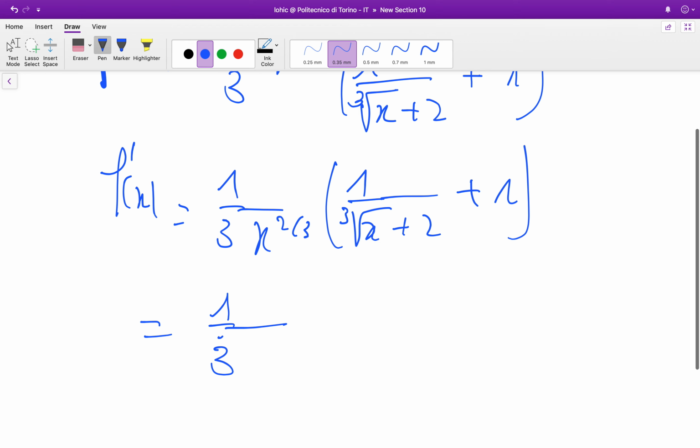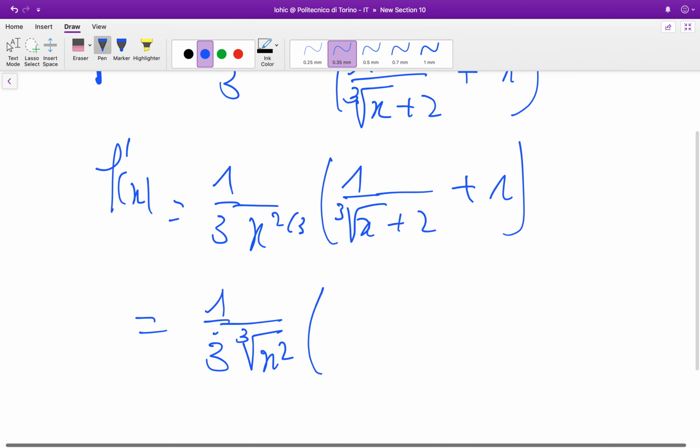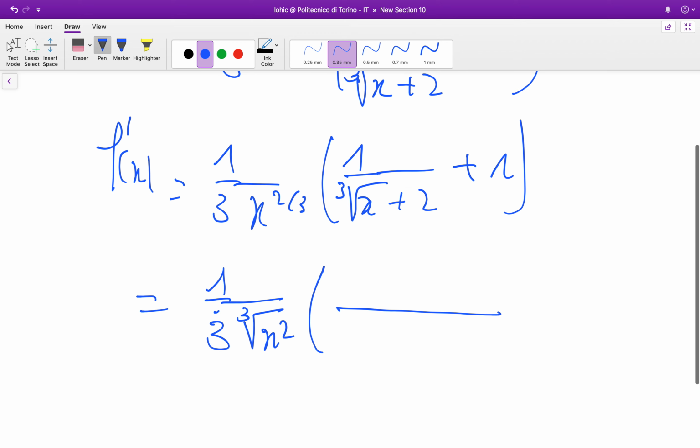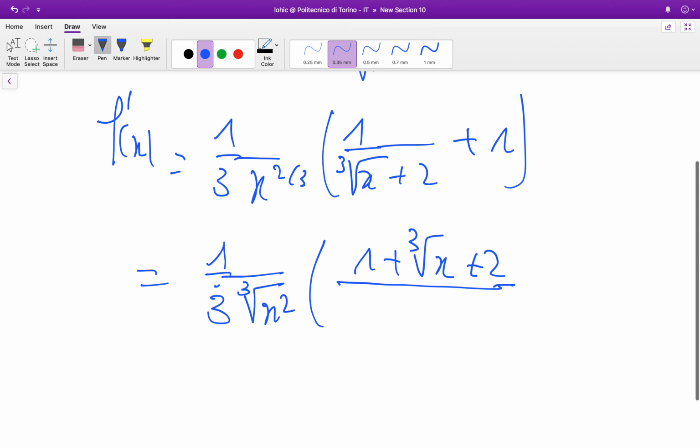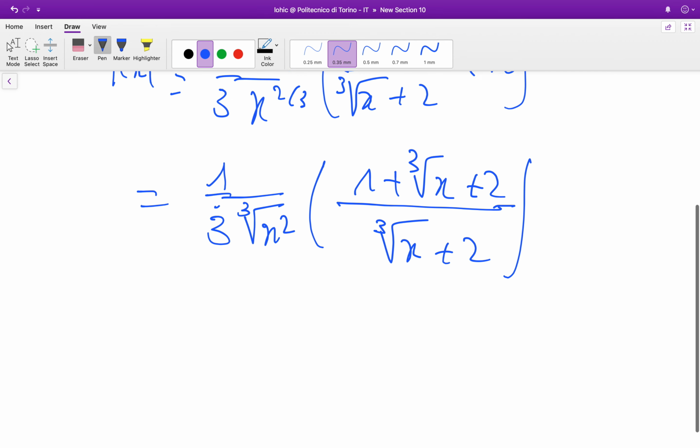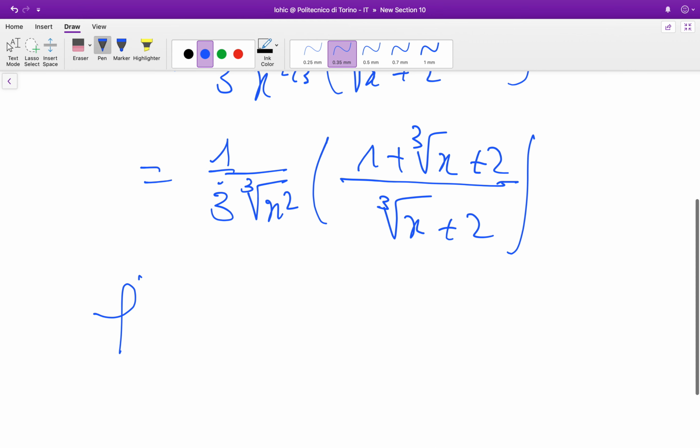x to the power 2 over 3 is the cubic root of x squared, multiplied by, let's put it to the same denominator, 1 plus cubic root of x plus 2, divided by cubic root of x plus 2. So these are just the steps to f prime of x.